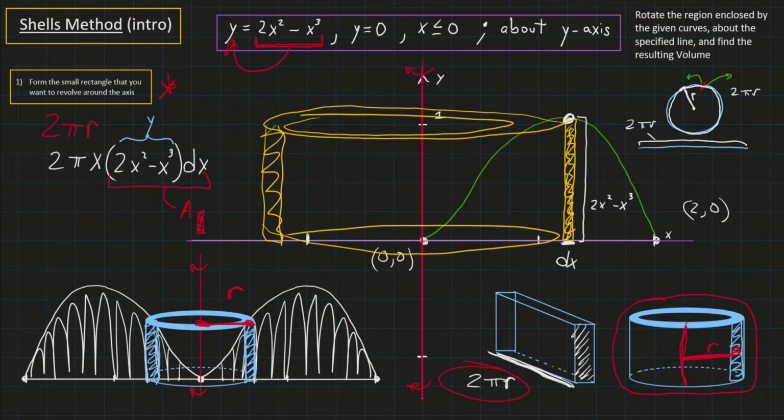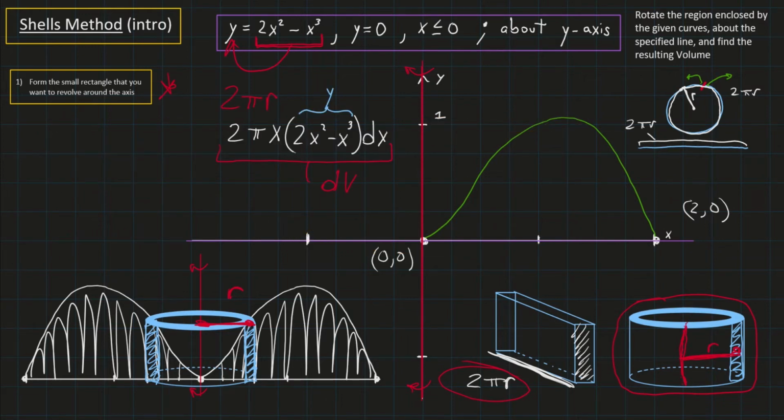Well, I can envision the r that I'm using to sweep that orange volume. And it looks like in all of the cases, the r is simply the x-coordinate of that small rectangle. So here we are, 2 pi x. So now when I plug an x into this whole equation, I get the volume of one of these shells.